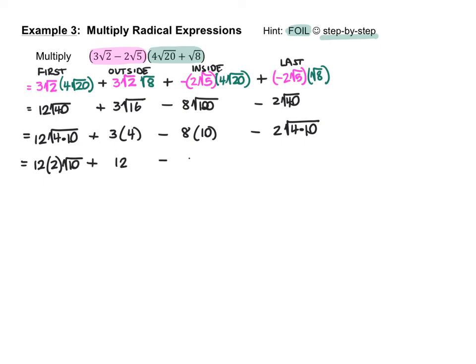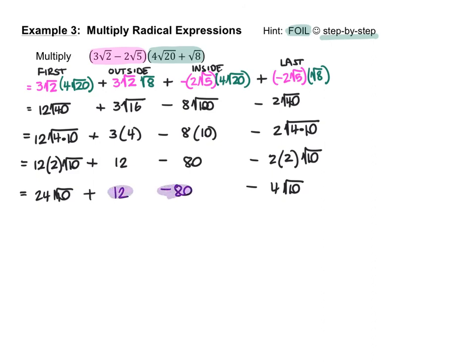This is plus 12 minus 80. And then minus 2 times the square root of 4, which is another 2, and the square root of 10, which is left over. So we've got 24 square root 10 plus 12 minus 80 minus 4 square root 10. Our like terms are the constants.